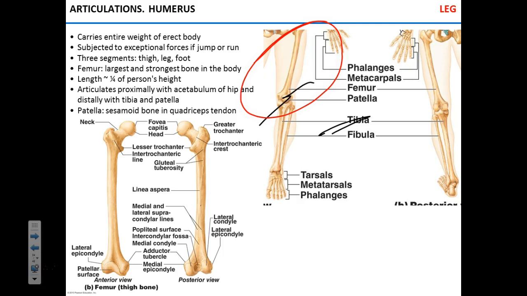Make sense? In the posterior part of the femur, you're going to find the projections that are characteristic for the femur: greater and lesser trochanter. Those are projections that are associated with muscles that flex your knee. Okay?